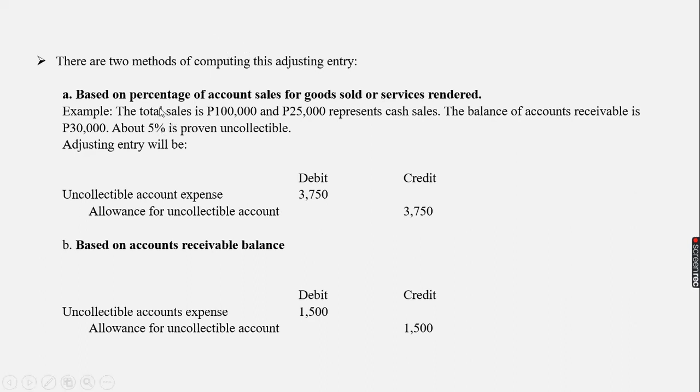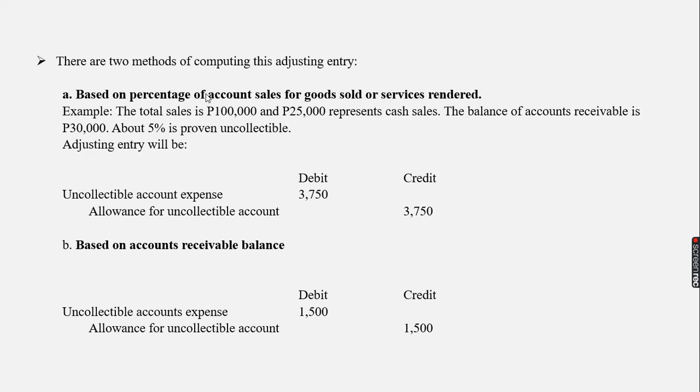So sabi niya sa letter A, based on percentage of account sales. So yung nabenta mong pinautang mo, magkano 'yon? 75,000, tama? Kasi 100,000, i-less natin sa 25,000. Makukuha natin yung 75,000, in which dito natin kukunin yung 5% na proven uncollectible.